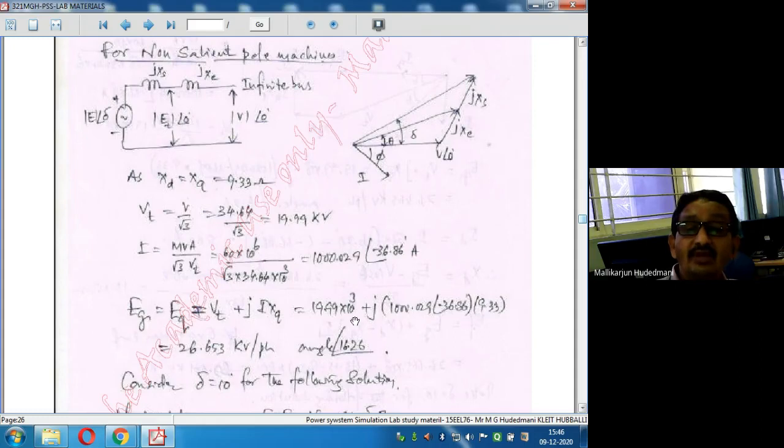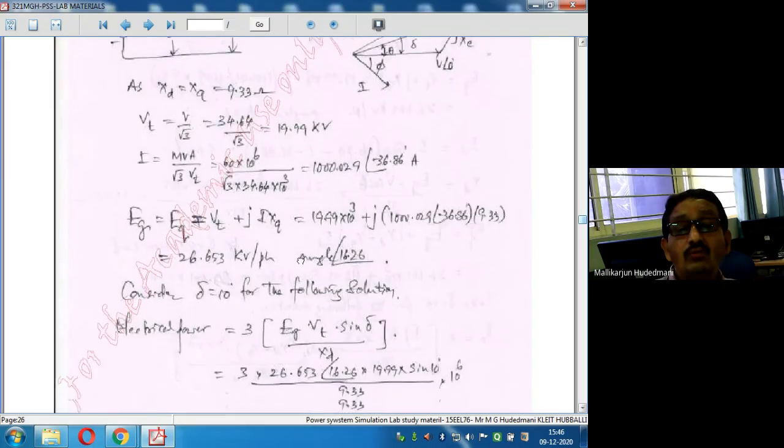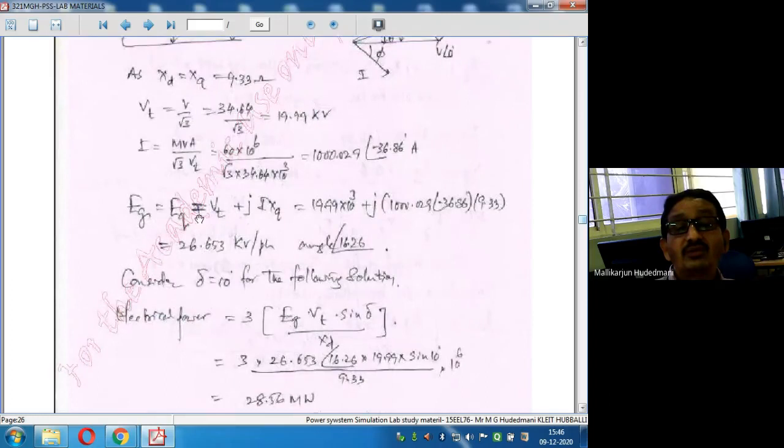Then when I simplify it, the internal voltage becomes 26.653 kV per phase. Then the power transferred from this smooth cylindrical rotor to the other bus is given by only the first term. I will show you, 3 outside, per phase power EG into VT sin delta divided by XD.